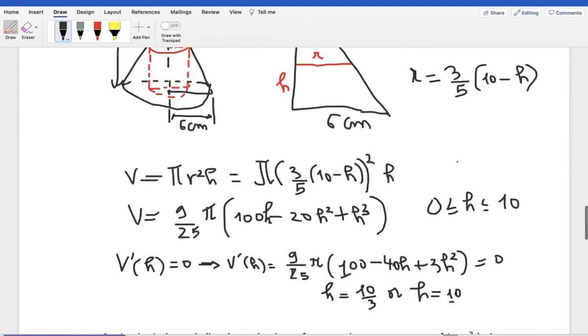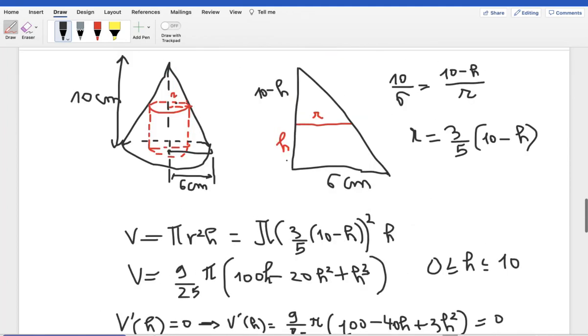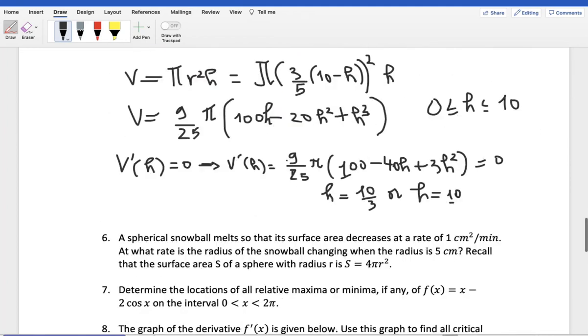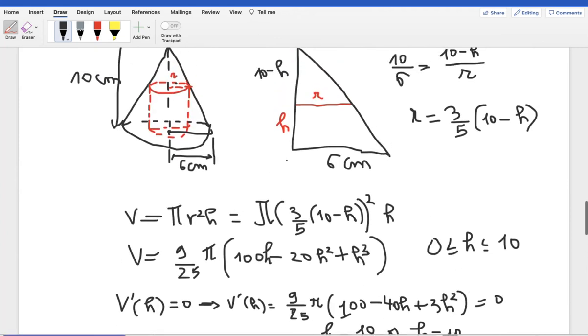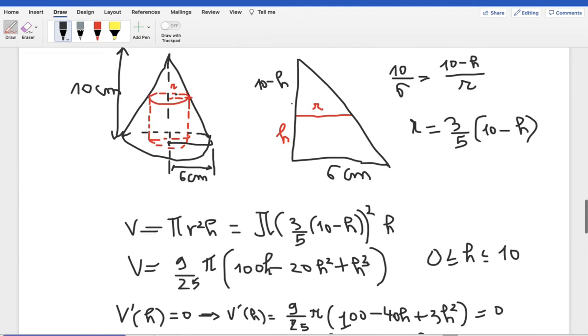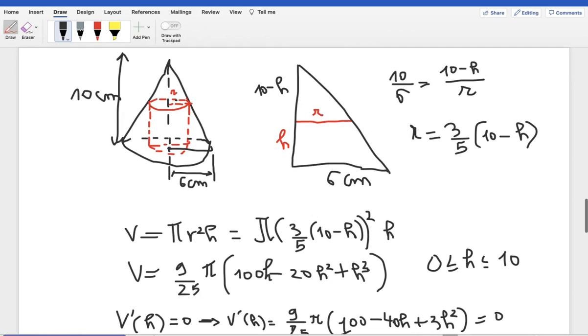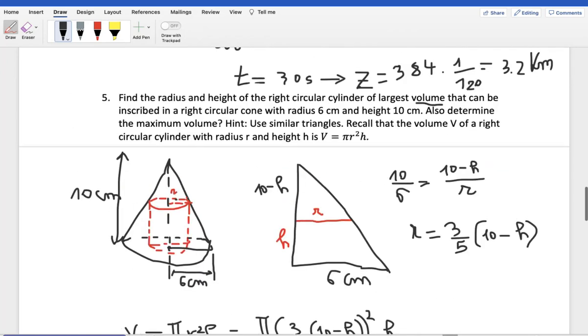Now, remember that we can clearly see from the diagram that h is less than 10, right? So it could be equal to 10 at the maximum, but from what we can see in the diagram, h has to be smaller than 10 because h is the height of the cylinder inside the cone. So it's this distance here.